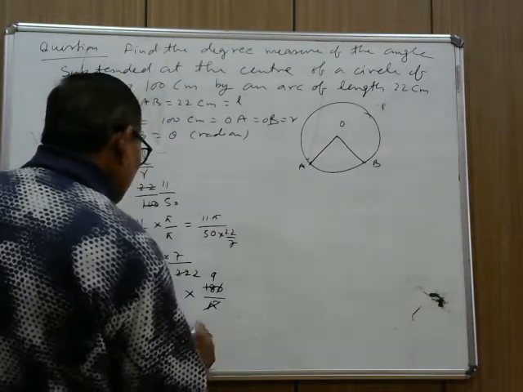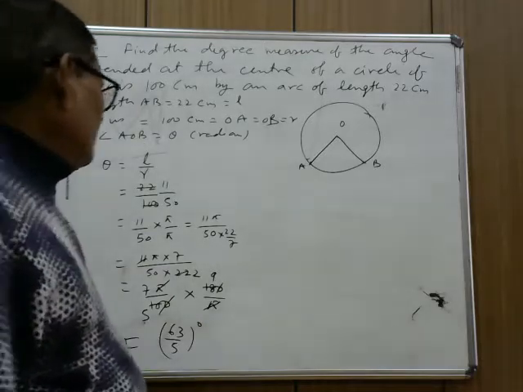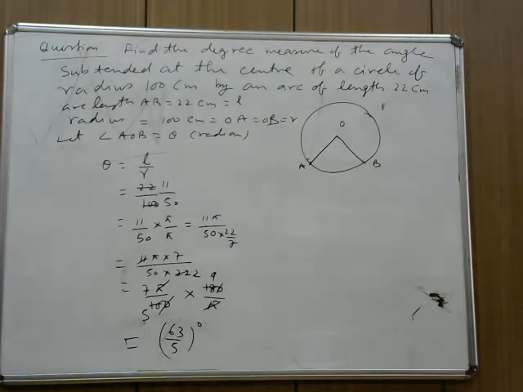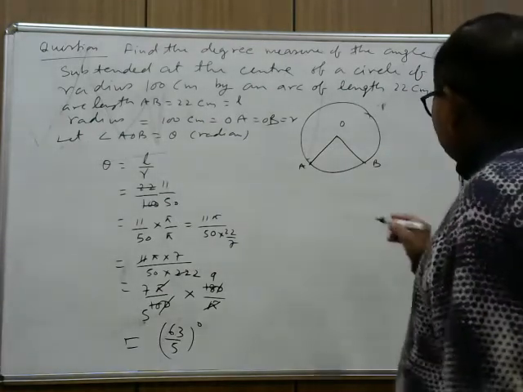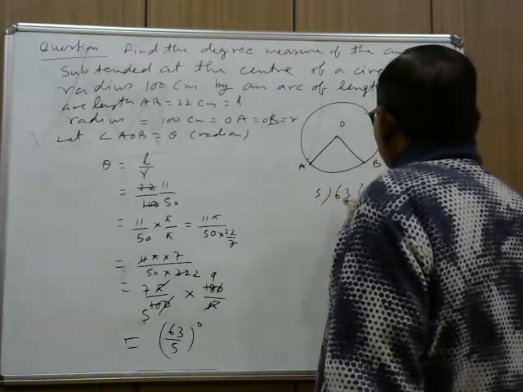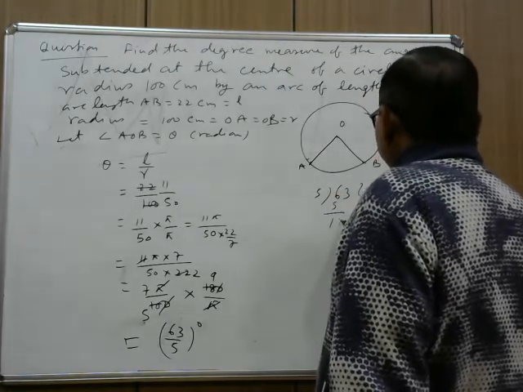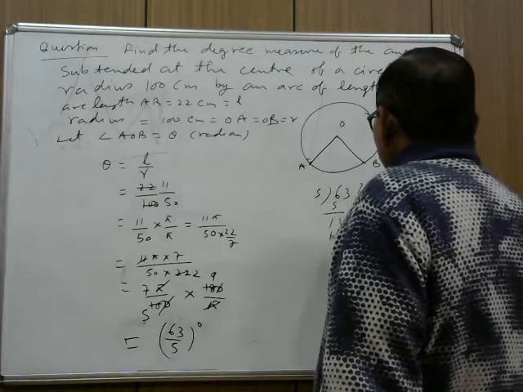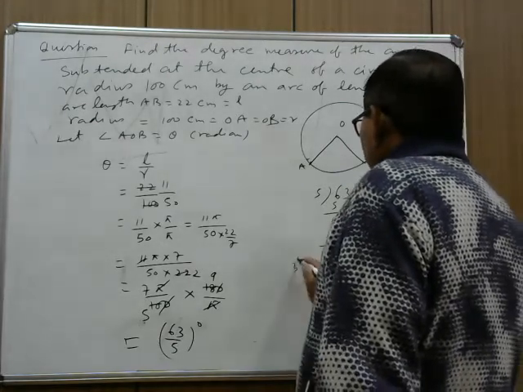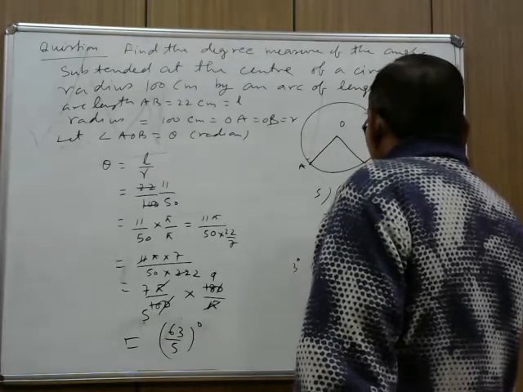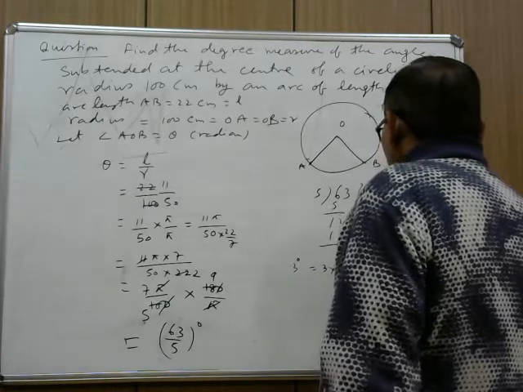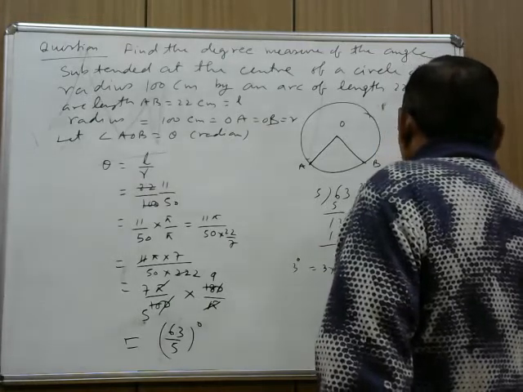This much degree. Now you change this into degree, minute and second. How will you change that? 63 divided by 5. 5 1s are 5, 1 3, 5 2s are 10. That is 3 degree and here 12 degree. Now 3 degree is equal to 3 into 60 minute, that is equal to 180 minute.